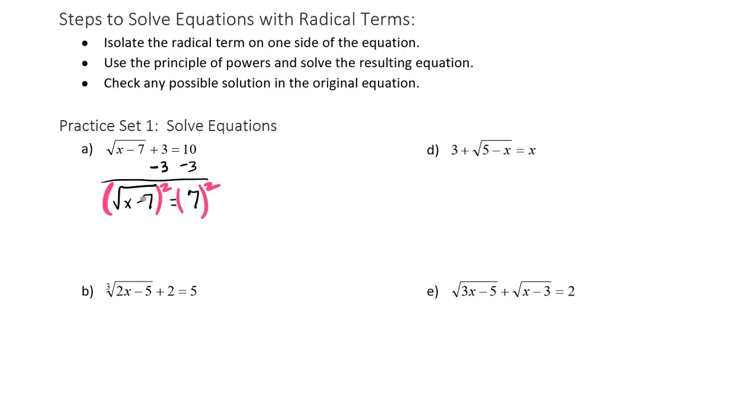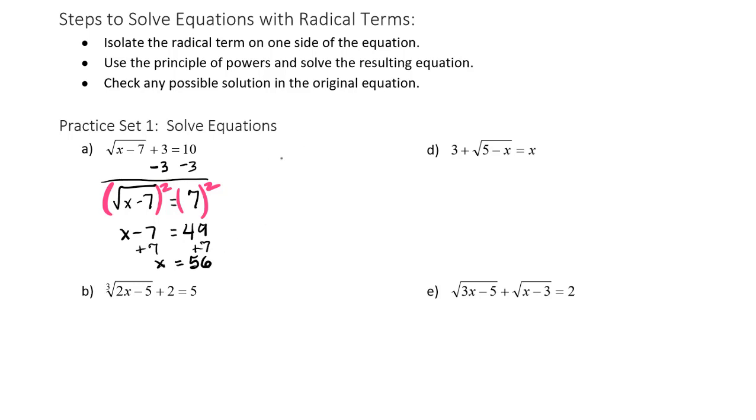So it was a square root, so we're squaring both sides. This will give me x minus 7 equals 49. And then add 7 to both sides, and we get x equals 56.